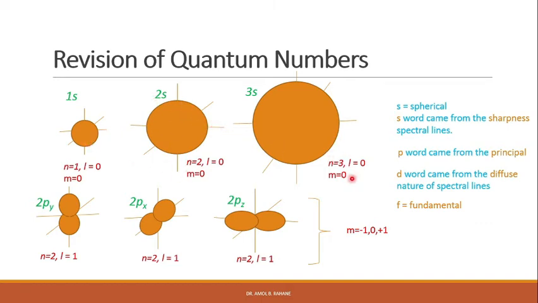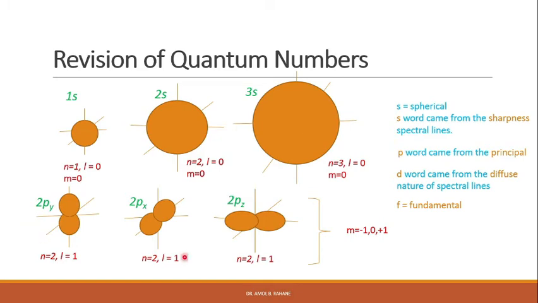For n equal to 3, l equal to 0 and m equal to 0, we get 3s orbital, right. Its size is much greater than 1s and 2s orbitals. So, n equal to 3 refers to the third shell, l equal to 0 refers to the s orbital and m equal to 0 refers to only one direction or orientation of this orbital, right.